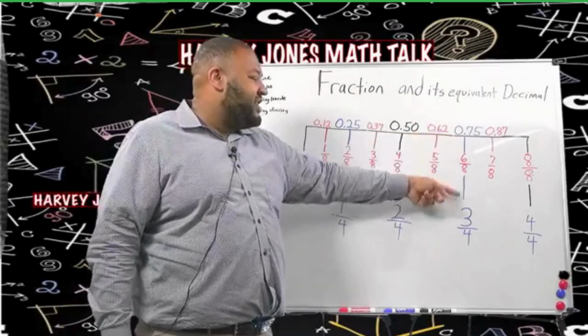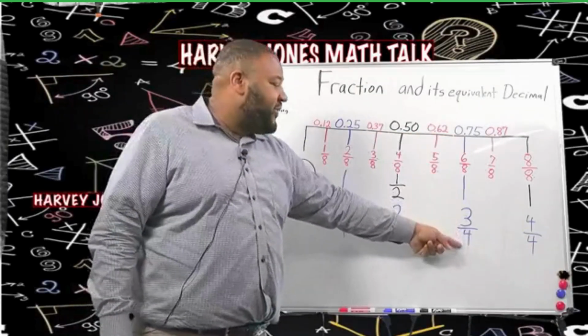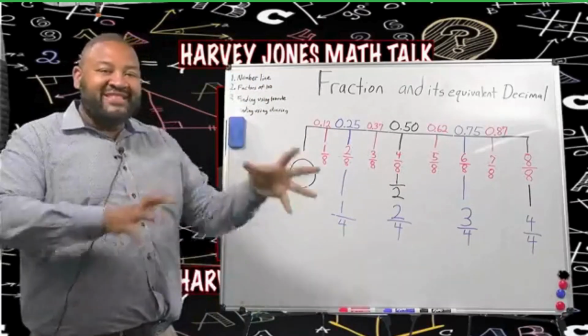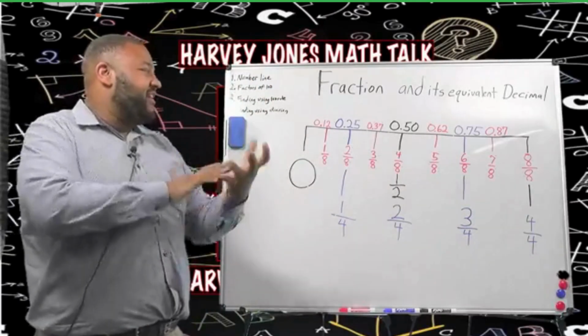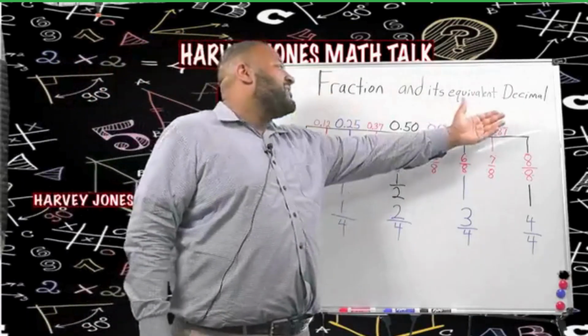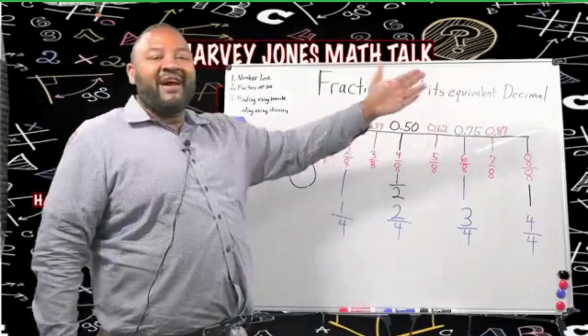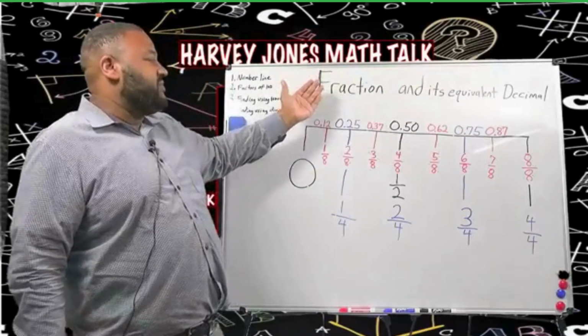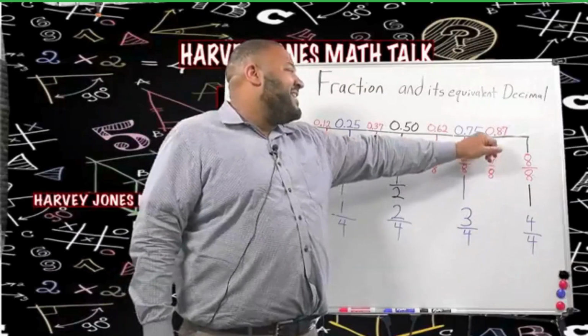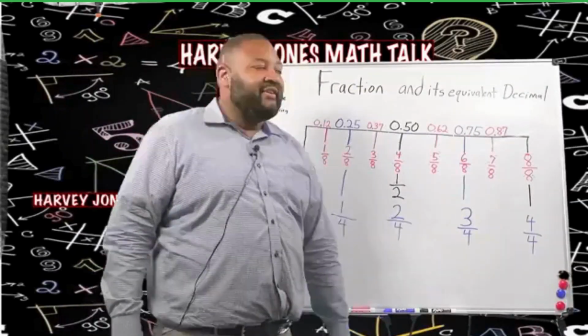You just said that, I know, when I said 3/4, because 3/4 is equivalent to 6/8. All this ties together, okay? Because what's going to happen now, if you're able to find equivalents among decimals, you're going to be able to find equivalents among fractions. And 7/8 is going to be 87 hundredths.